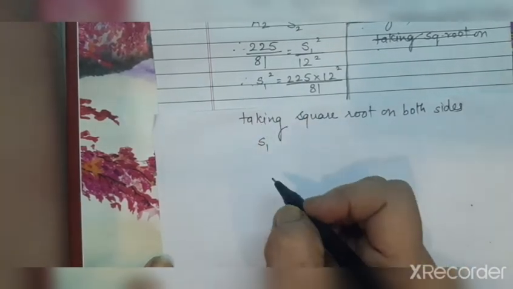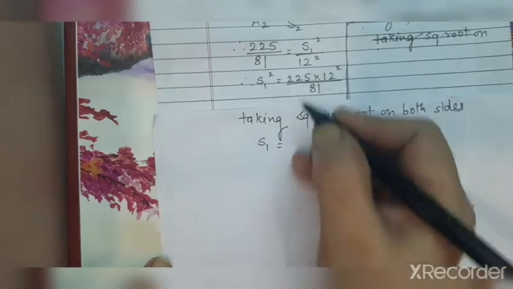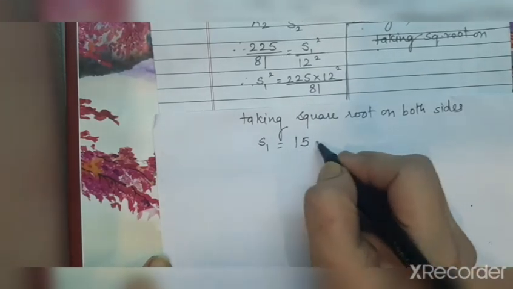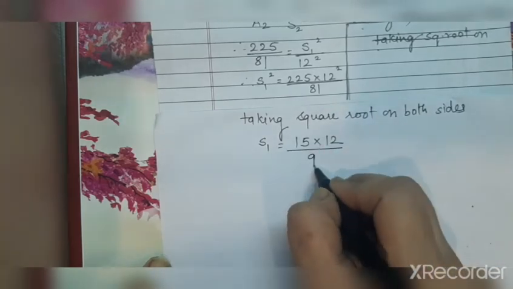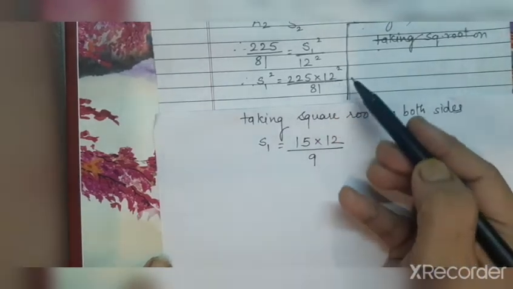Square root of S1 square is S1, 225 is 15, 12 square root is 12, and 81 is 9. Just go through this.